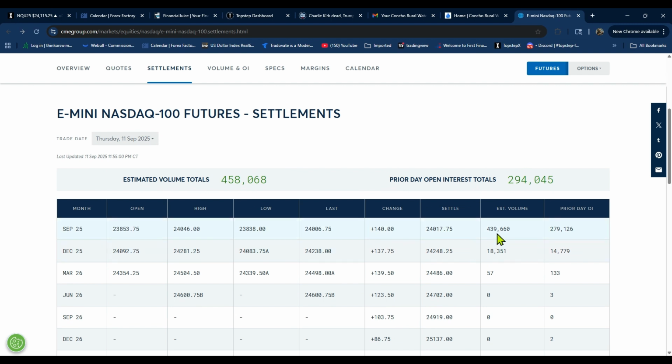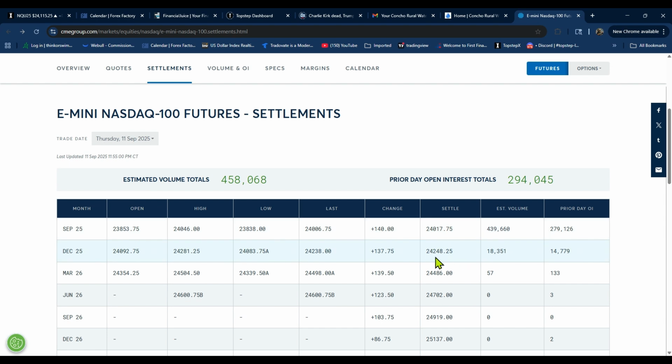This is September, and it says our settlement price was 20,417.75. So that's showing Thursday's settlement price.